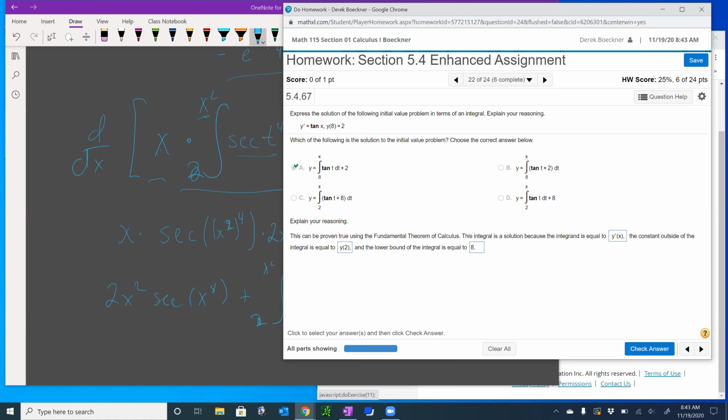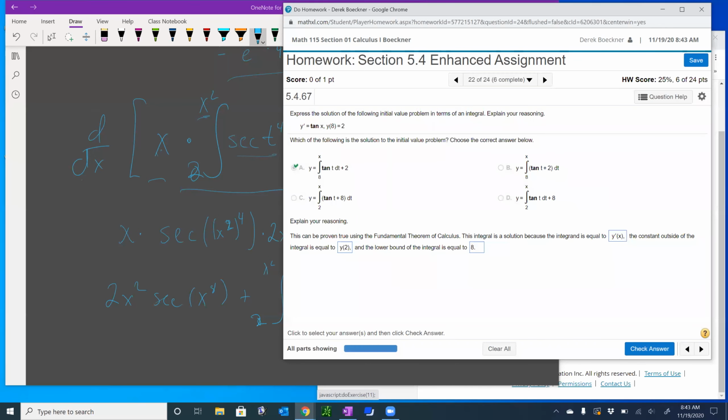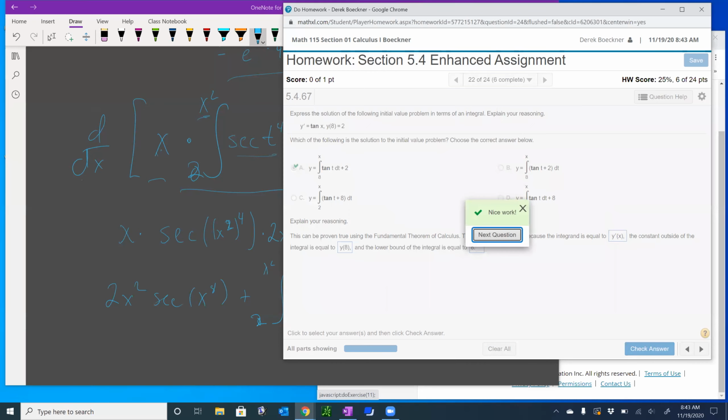Yeah, that's not really the reasoning, but those are true statements. So, well, what? Oh, sorry, y of 8. y of 8 is supposed to be equal to 2. There we go. Okay. Now they're definitely true statements.